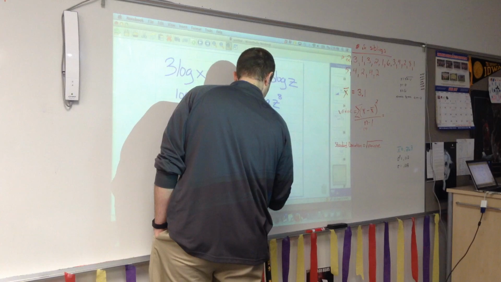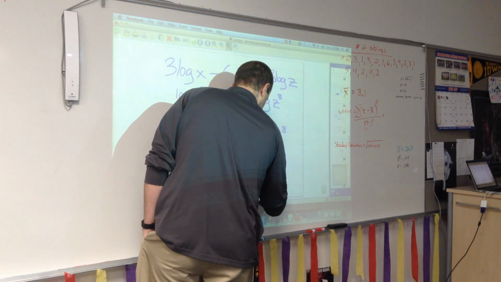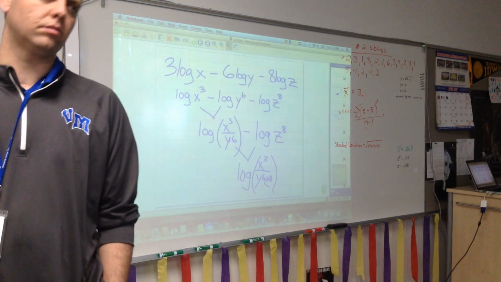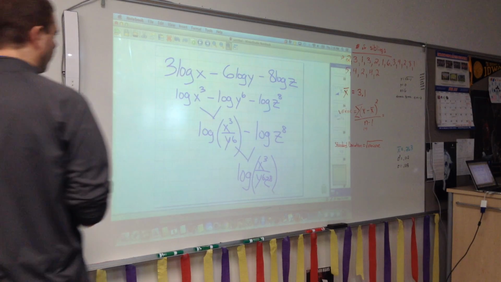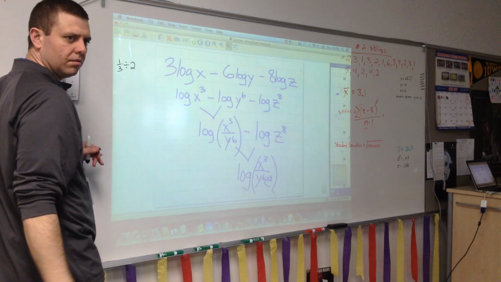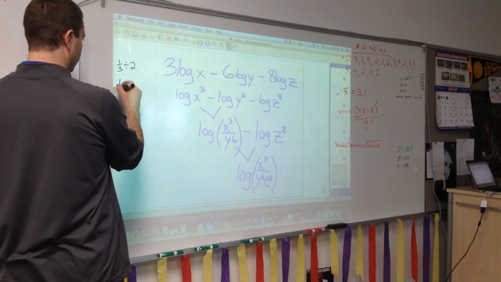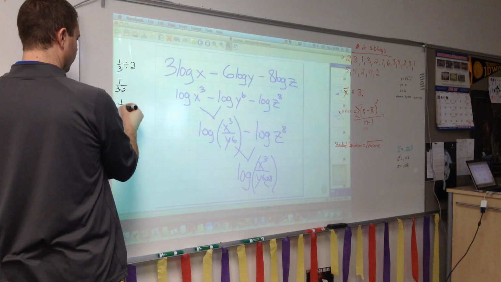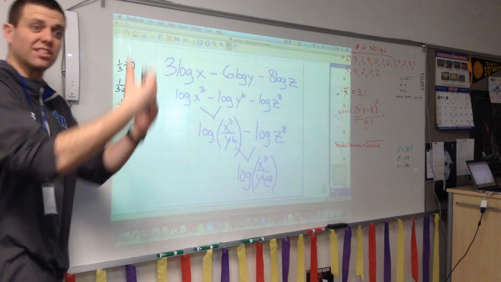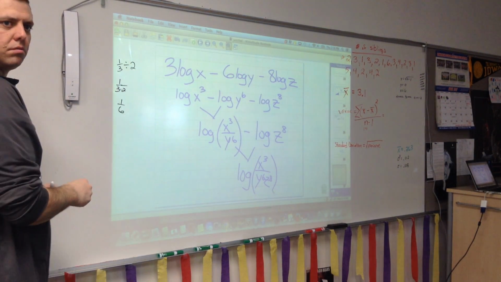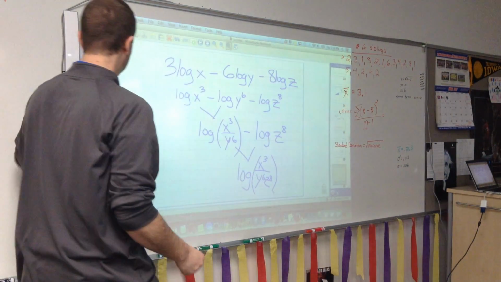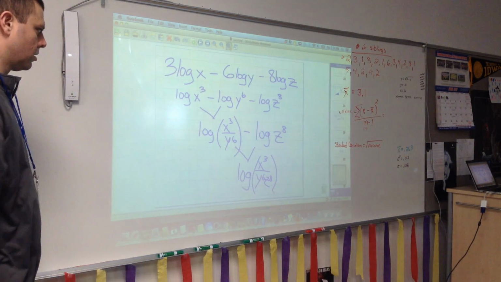So it'd be x cubed over y to the 6th z to the 8th, like that. Think about it. 1/3 divided by 2 would be like 1/3 times 1/2, which is 1/6, right? You can just essentially move the 2 down to the denominator, because that's like dividing by 2. So yeah, you can just put it right in the denominator with your y to the 6th.